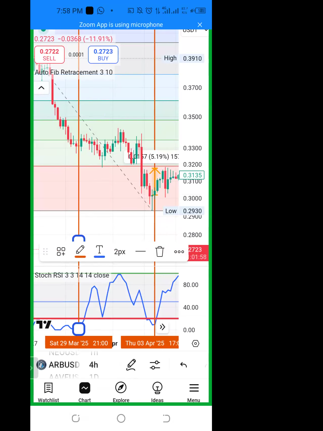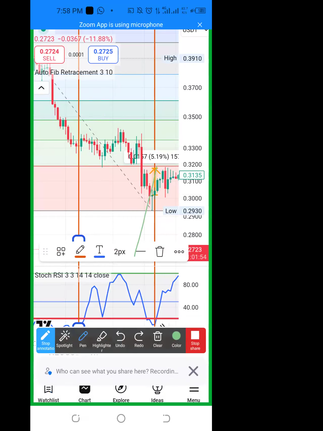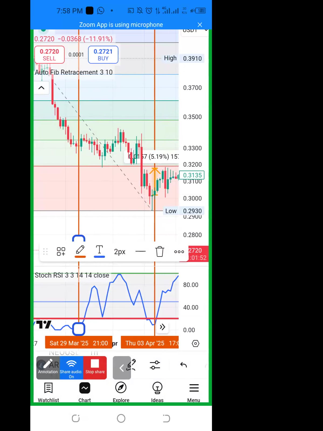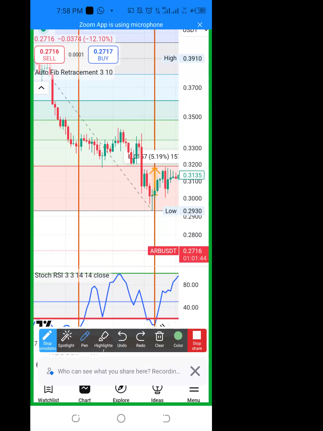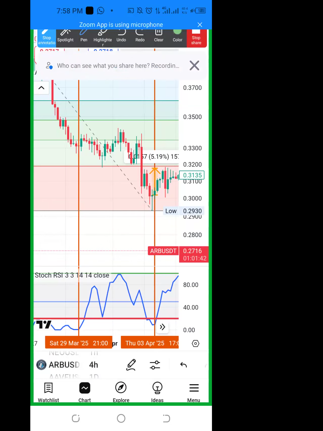Around this region, it did it here. It did it here, but the coin didn't really move. Are you seeing it? The coin didn't really move here. It just went sideways, went down, then went up. The coin still went down again.